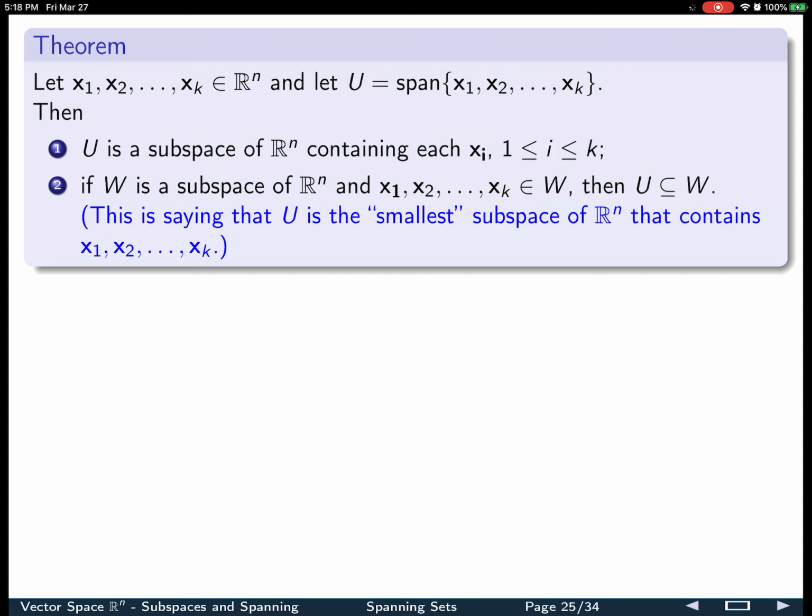So it'll definitely be closed with respect to vector addition and scalar multiplication. Part two is if W is a subspace and those vectors are in W, then U would be a subset of W. Or actually a subspace of W is the right way to say that.